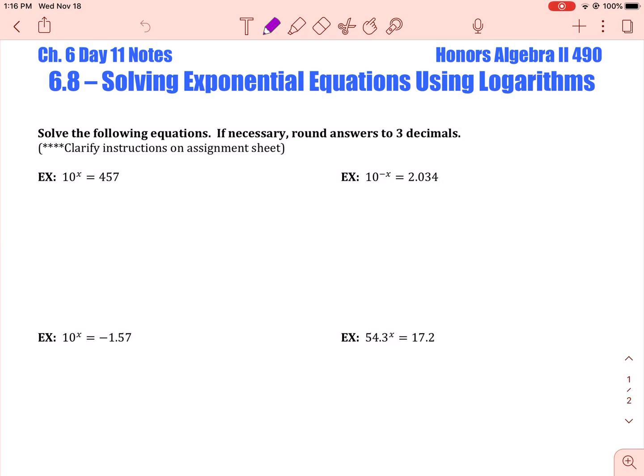First one, 10 to the x equals 457. Now, my initial goal would be to try to get them to have like bases. However, I don't think I can get 457 to a base of 10, so I'm going to instead choose to do the log function. I'm in exponential and I'm stuck, so I'm going to head to log, which means I'm going to take the log of both sides.